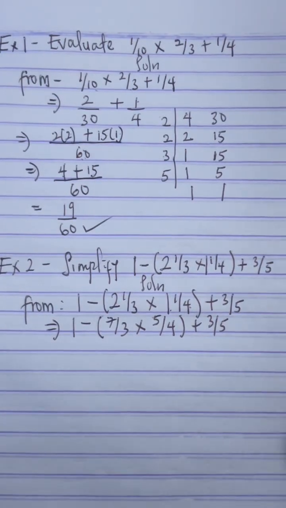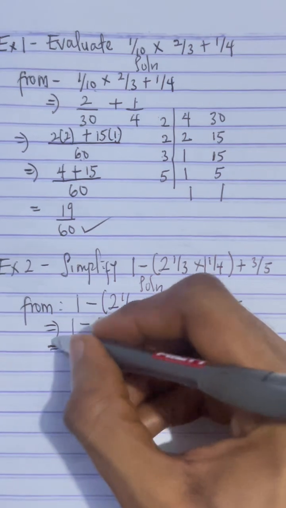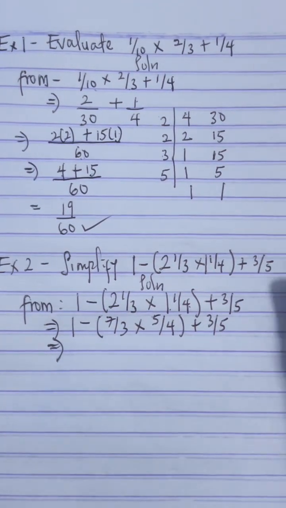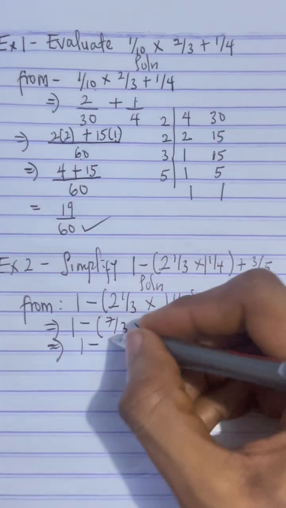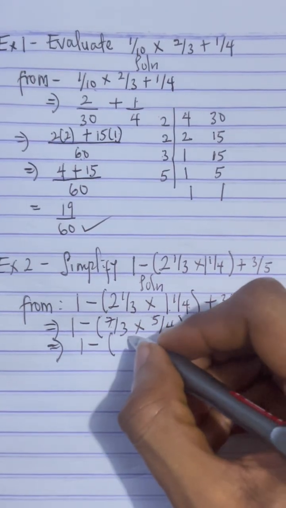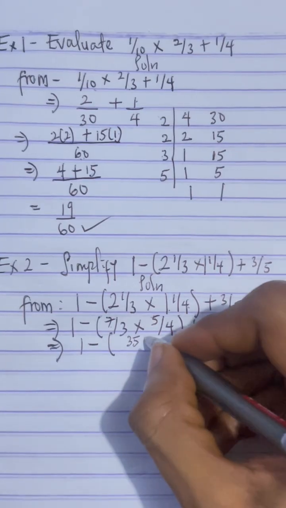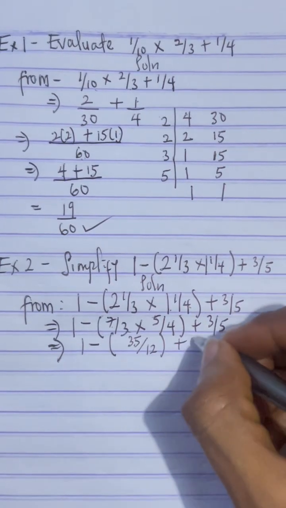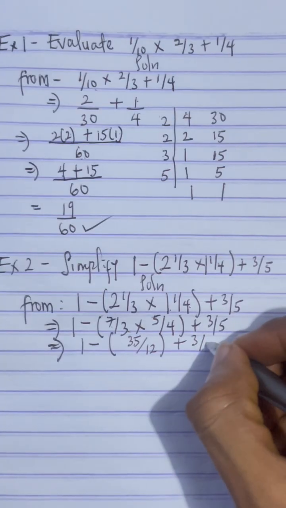Are you there? So now we start operating. We work with what? Bracket first, right? So we have 1 minus, let's work with bracket. 7 times 5, that is 35, over 3 times 4, that is 12, plus 3 over 5.